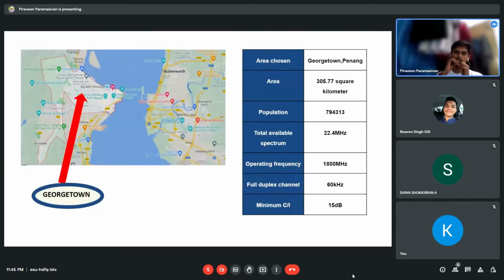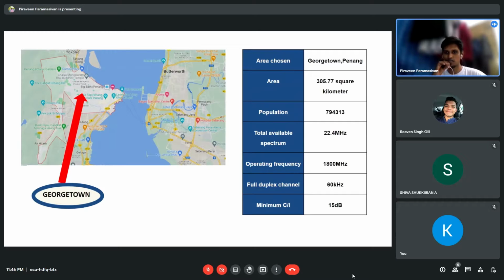So, the area that we chose is Georgetown, and the surface area of Georgetown is 305.77 square kilometers. The population will be 794,313 people. So for us, we actually assume a few parameters, which will be the total available spectrum, operating frequency, full duplex channel, and minimum CI.